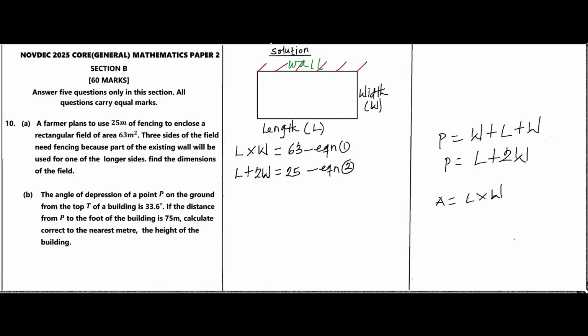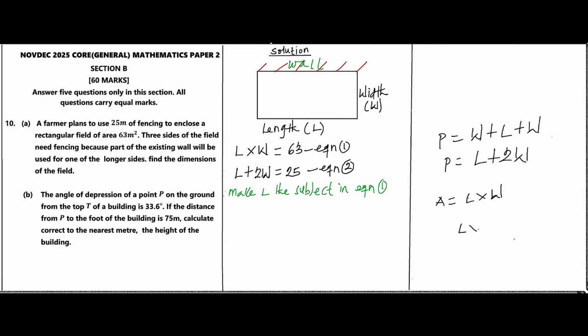So let's make either L or W the subject in equation 1. Let's make L the subject in equation 1.